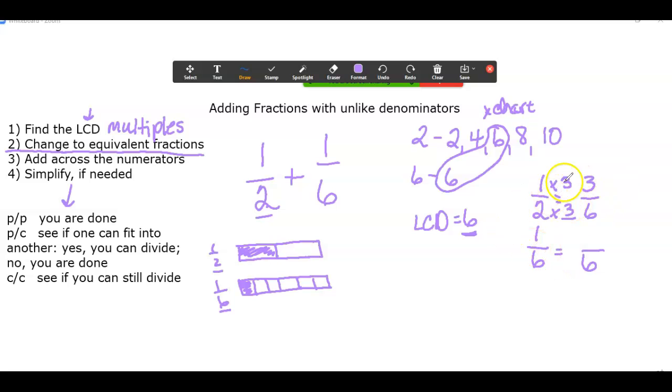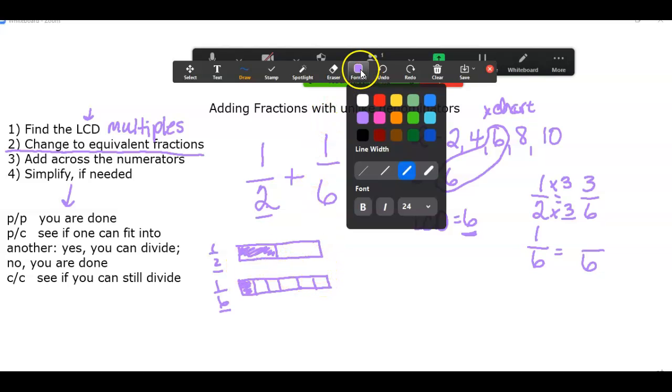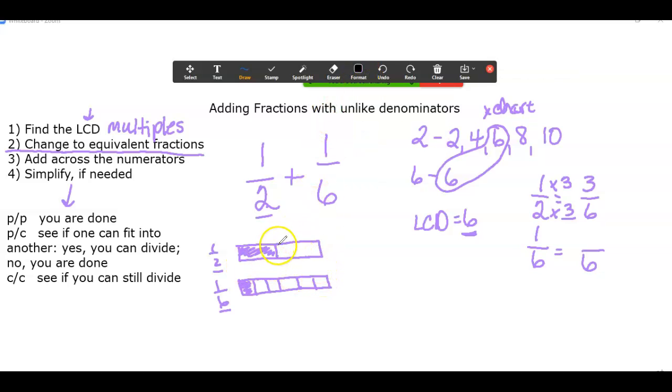Okay, I'm going to model this 1/2 into 3/6 over here in this picture. I'm going to change to a black so you can see this. So right now, I can see that this is 1/2, correct? Okay. If I take and split it into 6, like this down here, okay, I did not change what was shaded. All I did was cut up the pieces more. Okay, so this is equal to 3/6. Okay, you see that?